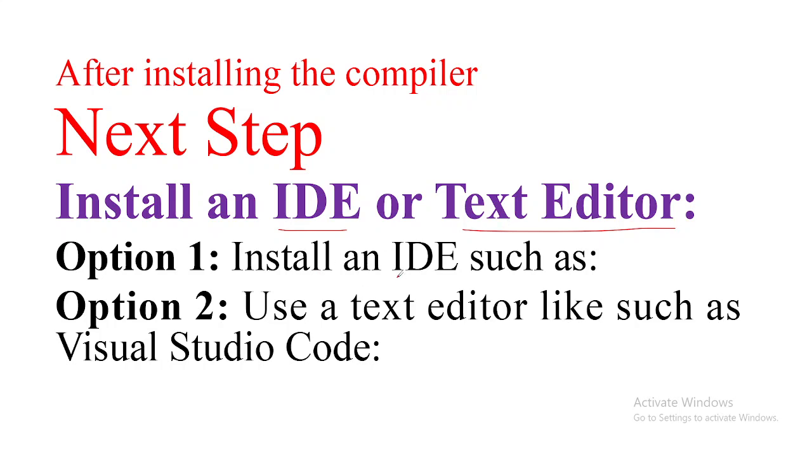One is to install an IDE, integrated development environment, and you have many of them which we are going to talk about. Then you can also use a second option, a text editor like Visual Studio Code, like Atom, but in this course we will just discuss Visual Studio Code.